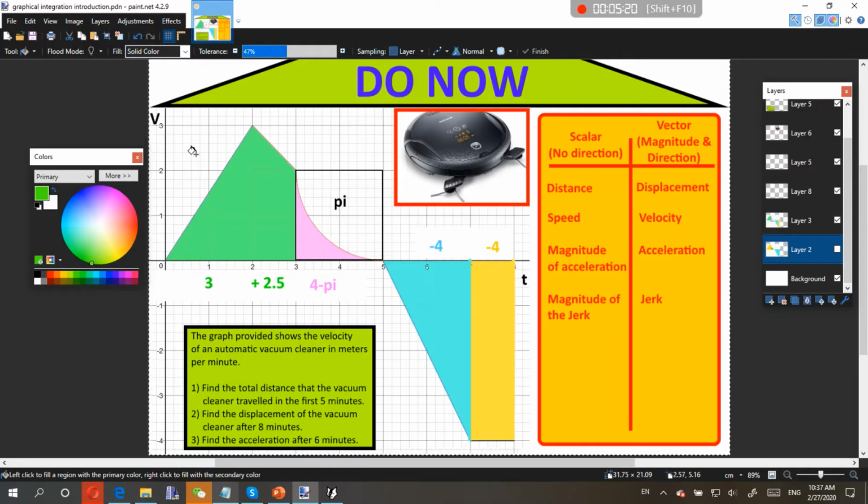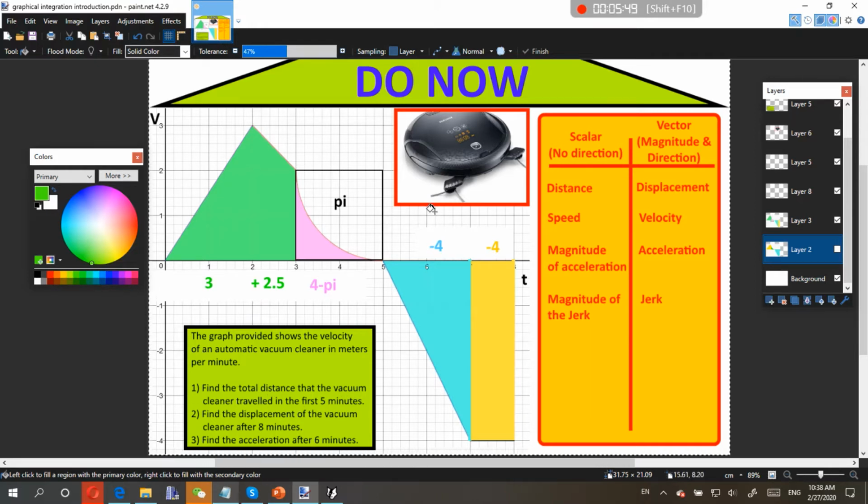Because this is velocity, my distance traveled is going to be the integral of the absolute value, which means all of these areas should be positive. However, when taking that absolute value, this 4 minus pi is still just 4 minus pi because that minus pi is cutting out the white space, which we still don't want. Okay, so that gives me 5.5 plus 4 is 9.5 minus pi, my total distance traveled in the first 5 minutes.